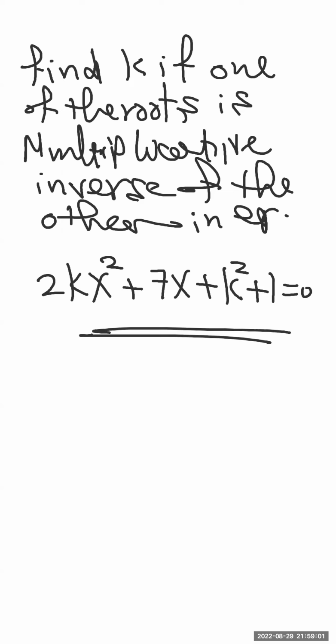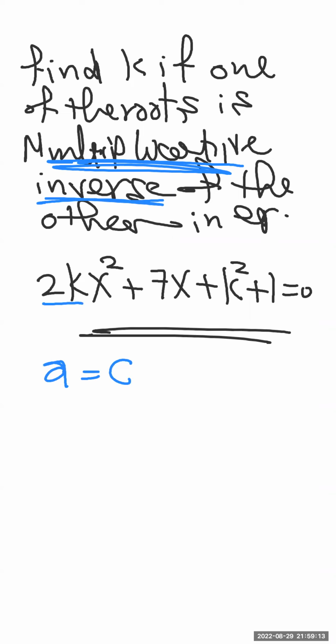Now, we said that one of the two roots is the multiplicative inverse. So a equals c. Where is a in the equation? 2k. Where is c in the equation? k squared plus 1. So 2k equals k squared plus 1.